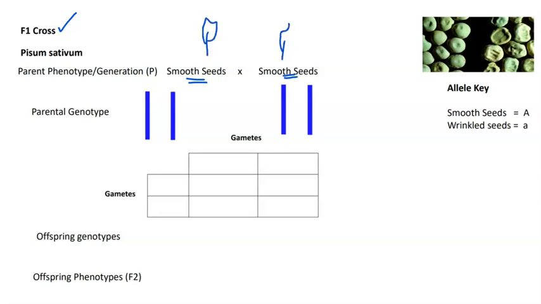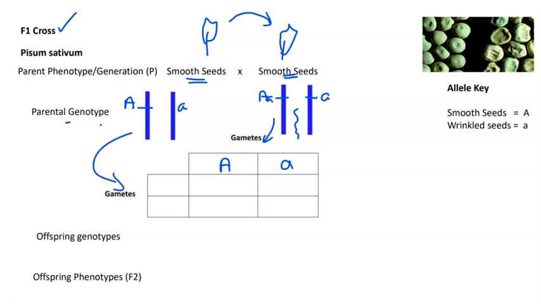So the flowers will get the cross-pollination across like this. But we know that the parental genotype in this generation is big A, little a, big A, little a. These are the offspring from the previous cross. If we go through meiosis, we separate the homologous pairs, so the gametes would half be big A and half would be little a. And that's true on the other side as well, of course.